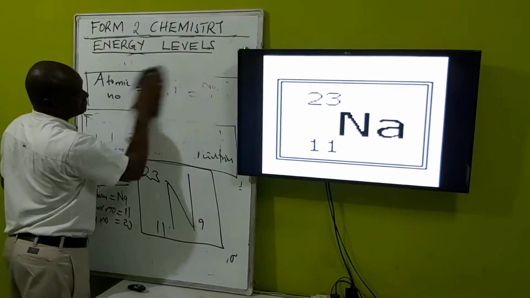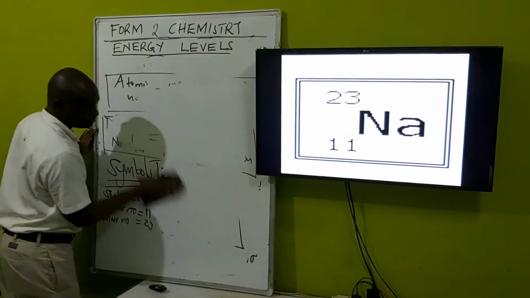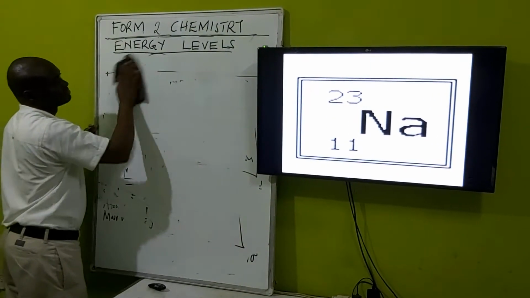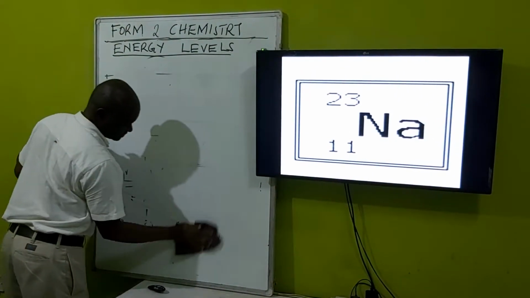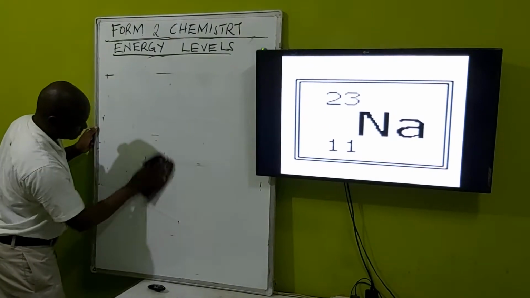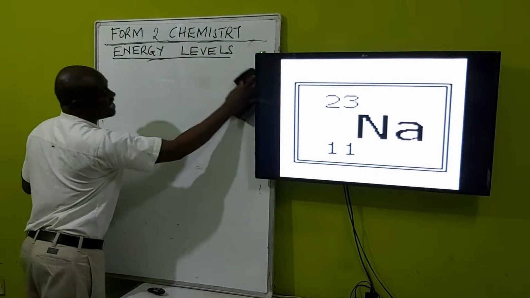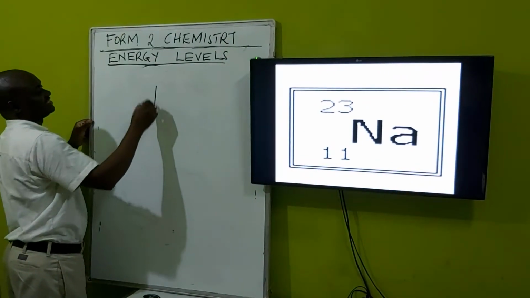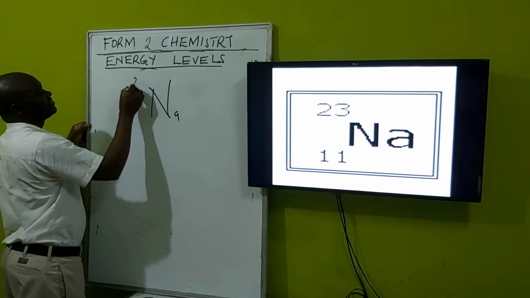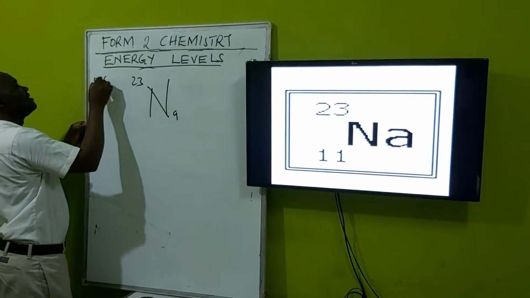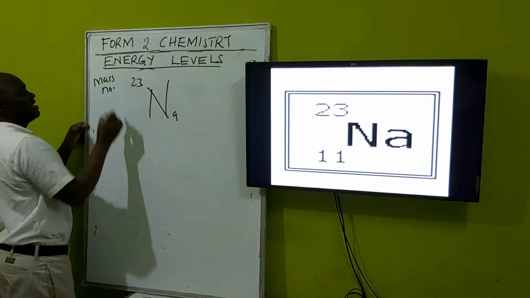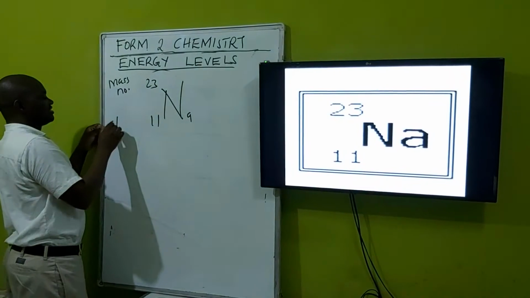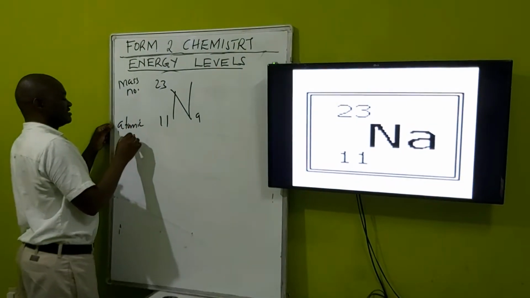Now, that is sodium atom, Na, 23 is the mass number, 11 the atomic number.